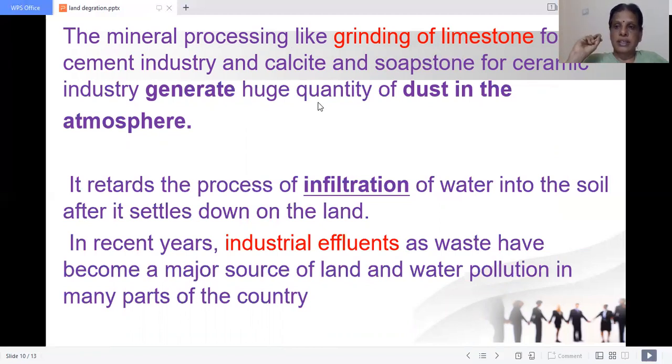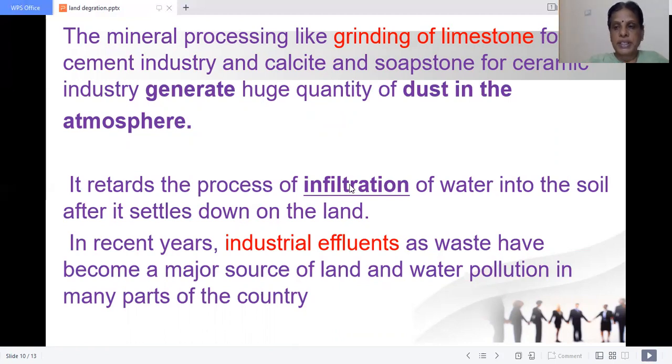If you have crossed cement factories, soap factories and ceramic industries when you travel towards big cities, you could see the dust from the grinding of limestone deposited on the earth. This deposit of limestone and soapstone does not allow the water to get into the soil. Infiltration of the water is stopped. It retards the process of infiltration of water.